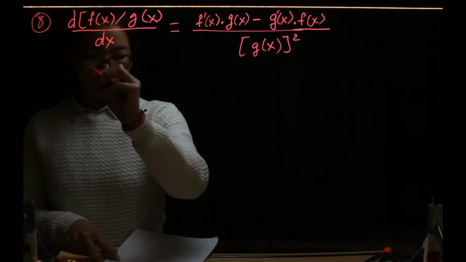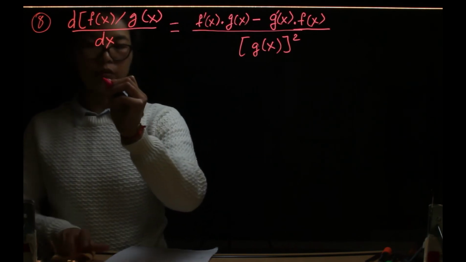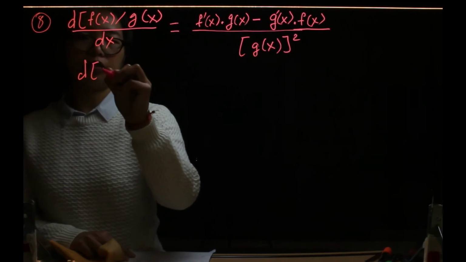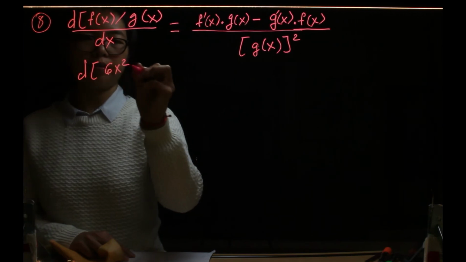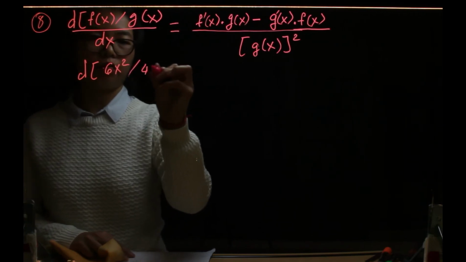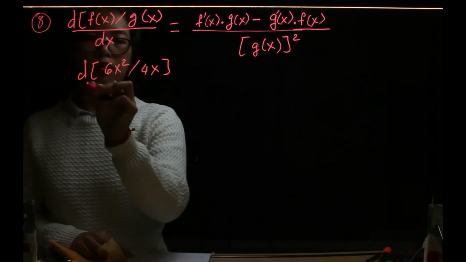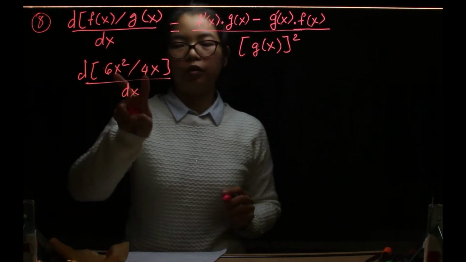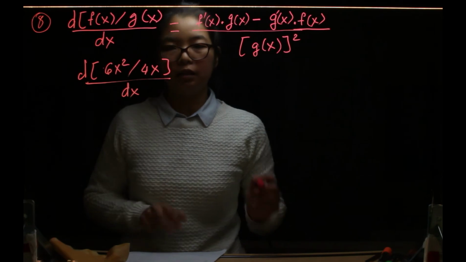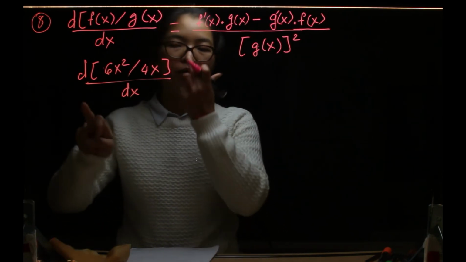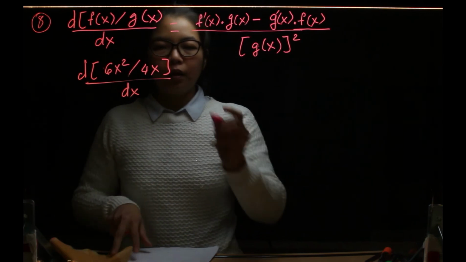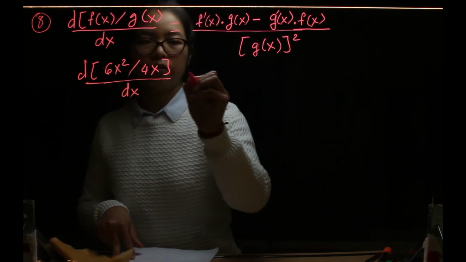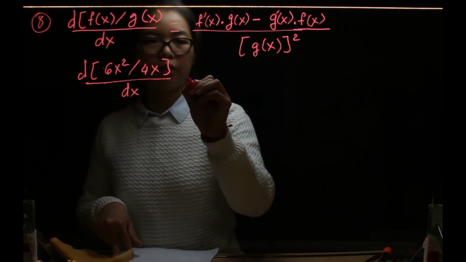Using the same example that we have before with two functions, let's do an example. Let's say we want to have the derivative of 6x squared divided by 4x with respect to x. So here you might already realize that we can just simply simplify the functions and then we take the derivative. But yeah, let's save it for later and assume we also have a very complicated function. Like I said before, we just follow a rule, then see what happens.